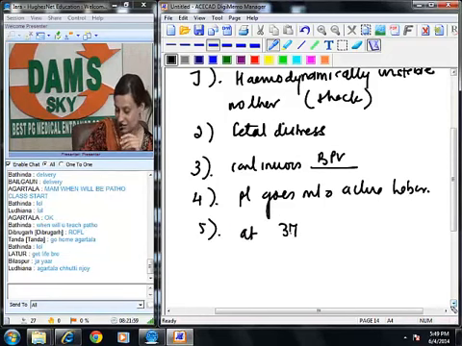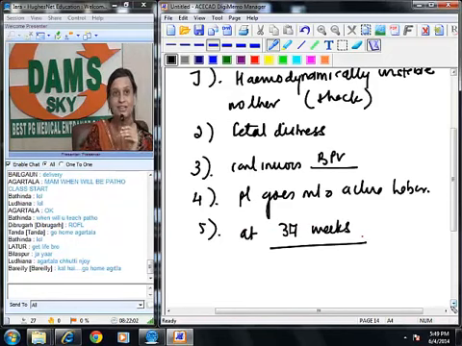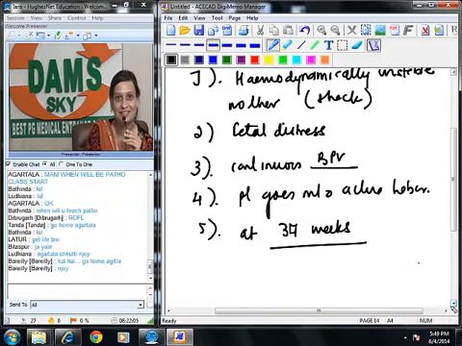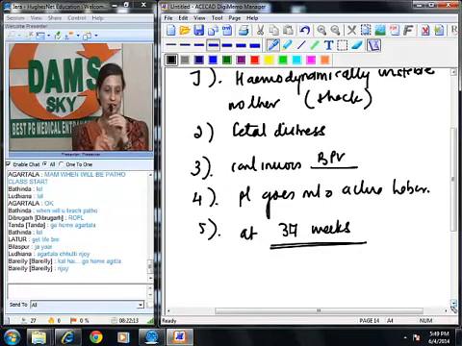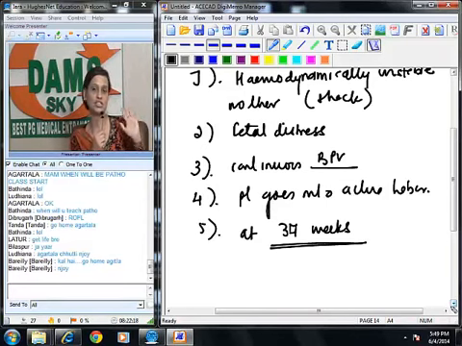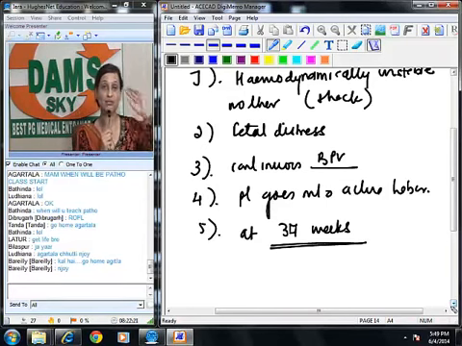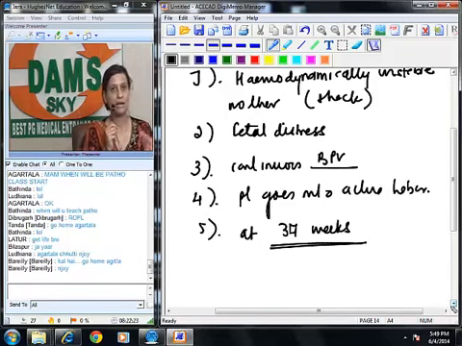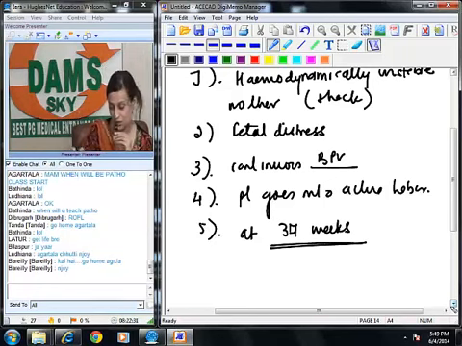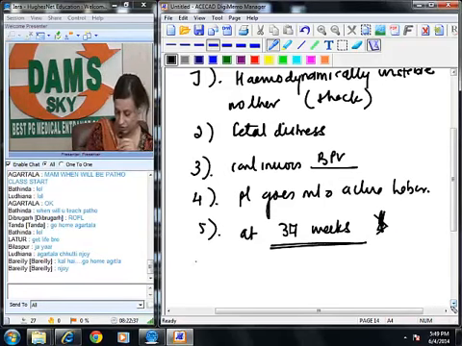Then at 37 weeks, whenever a patient of antepartum hemorrhage reaches 37 weeks, irrespective of whether she is bleeding or not bleeding, she has to be delivered. Why? Because beyond 37 weeks, labor is going to start any time, and whenever labor starts, the placenta is again going to bleed. So at 37 weeks, it is an absolute indication to deliver patients of antepartum hemorrhage, right?